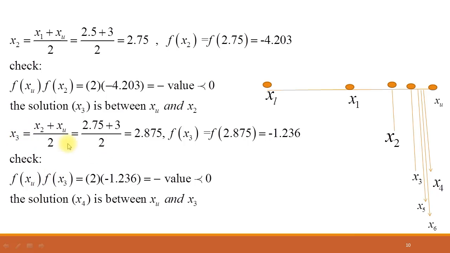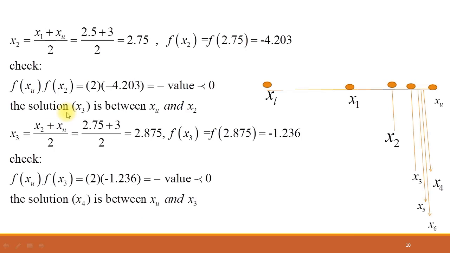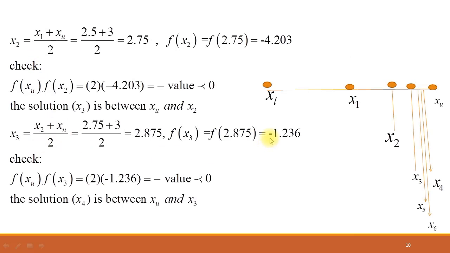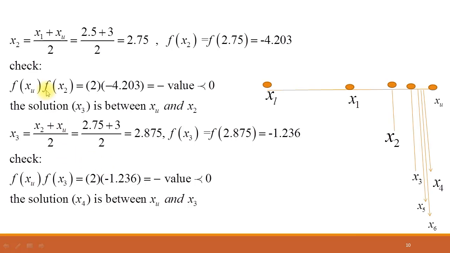So the function has negative sign at x3, negative at x2, negative at x1 and opposite sign at xu. In the initial stage, you see the function has opposite sign at xu and negative at x1, x2 and x3.